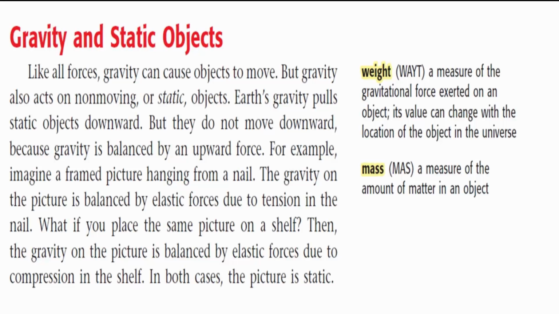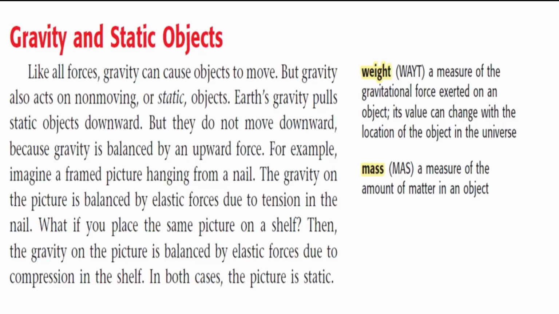Gravity and static objects. Like all forces, gravity can cause objects to move. But gravity also acts on non-moving or static objects. Earth's gravity pulls static objects downward, but they do not move downward because gravity is balanced by an upward force.